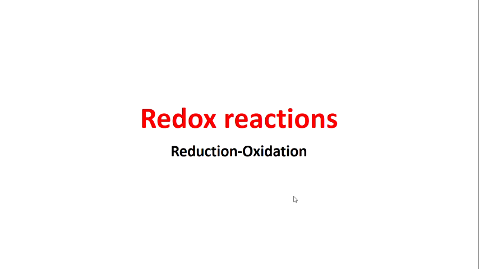This is the latest model or latest type of reactions we need to know in chemistry at a higher level. Redox reactions stands for reduction-oxidation reaction. So RED represents reduction and OX represents oxidation. It looks like we have 2 parts for the reactions, and we are going to work on the definition right now.